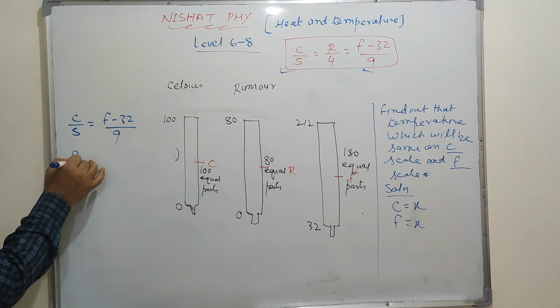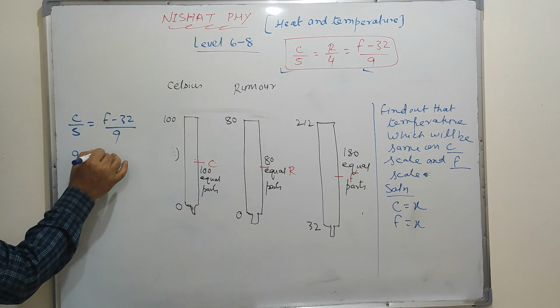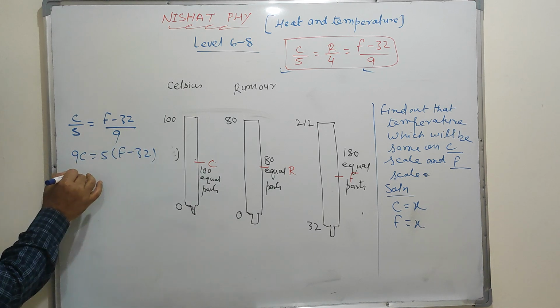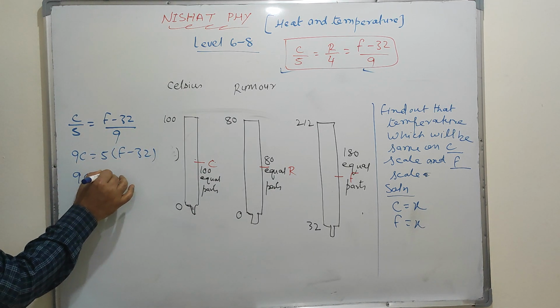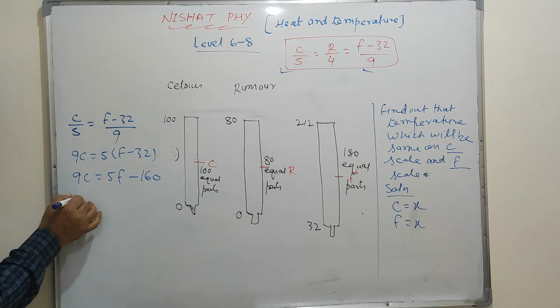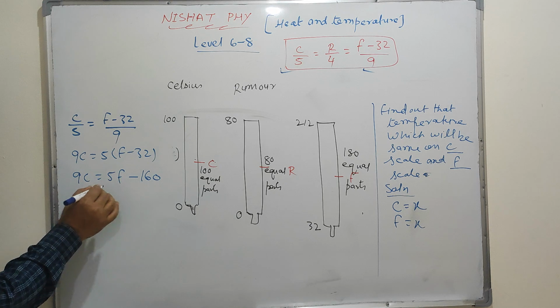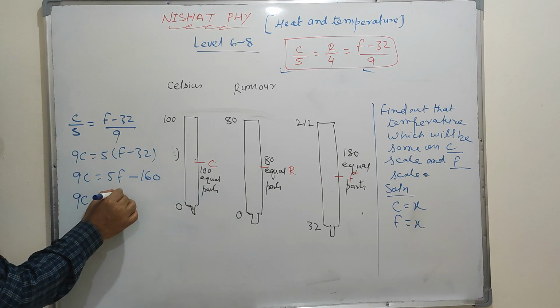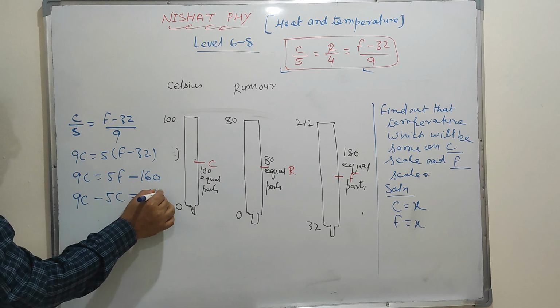Take cross multiplication: 9C is equal to 5 times F minus 32. 9C is equal to 5F minus 160. Bring this across: 9C minus 5C is equal to minus 160.